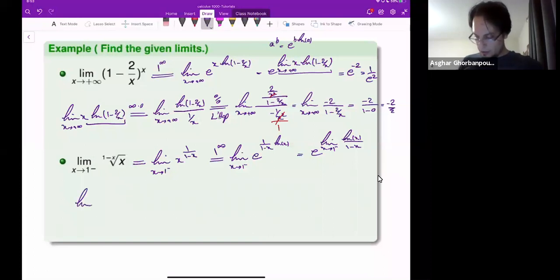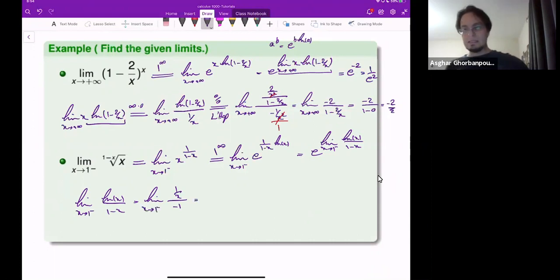So now I want to deal with this guy. Limit of the derivative of ln x is 1 over x, limit of that guy.